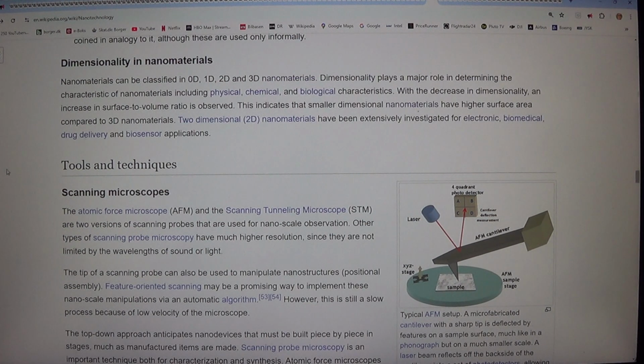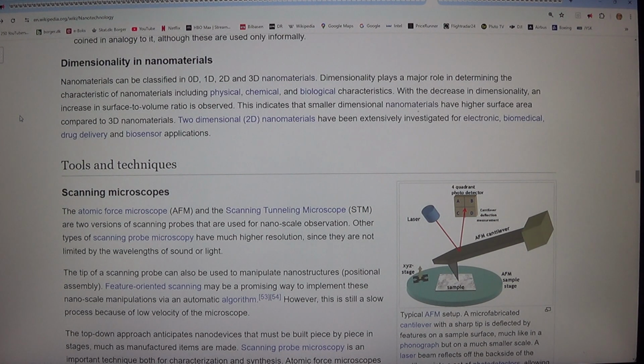Dimensionality in nanomaterials. Nanomaterials can be classified in 0D, 1D, 2D and 3D nanomaterials. Dimensionality plays a major role in determining the characteristics of nanomaterials, including physical, chemical, and biological characteristics.